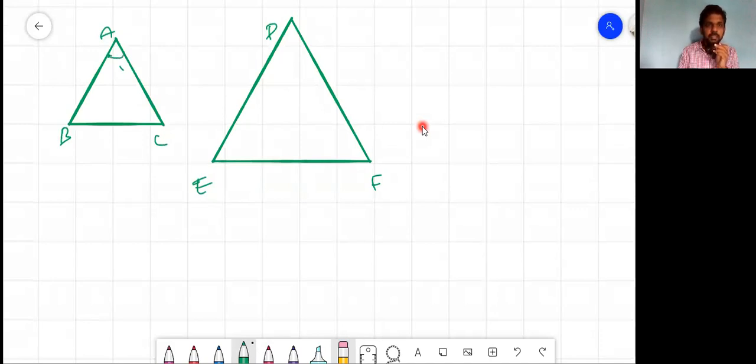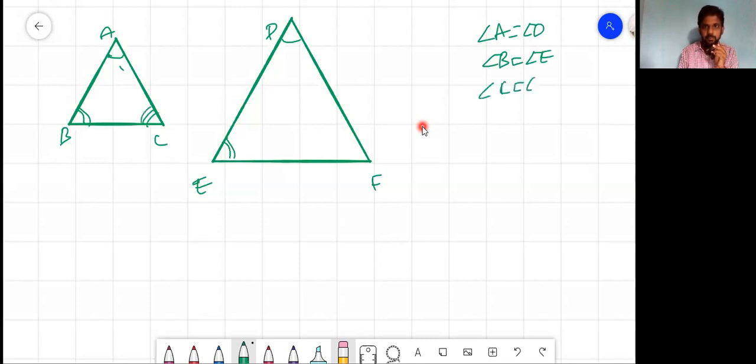If two triangles have corresponding angles equal, which means angle A is equal to angle D, angle B is equal to angle E, and angle C is equal to angle F, then these two triangles are said to be similar triangles. The symbol for similar is used like this: triangle ABC is similar to triangle DEF.